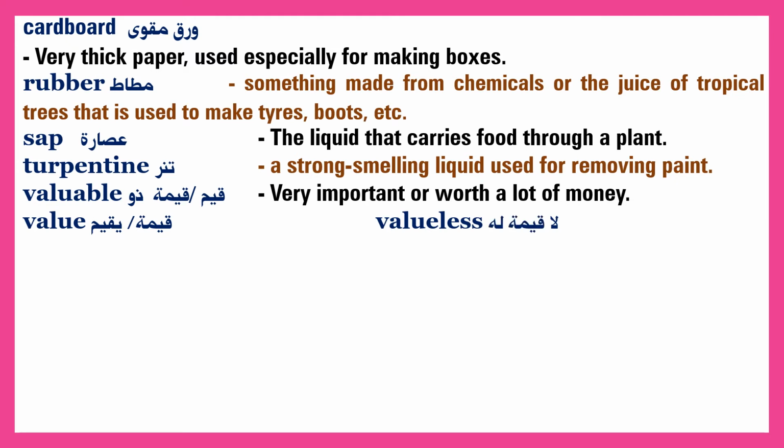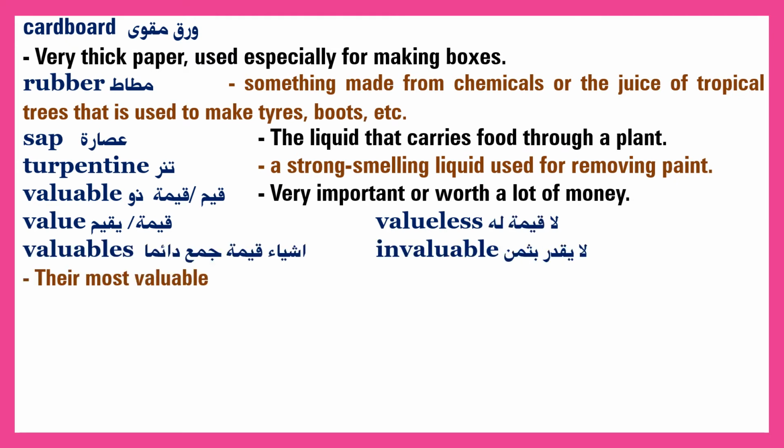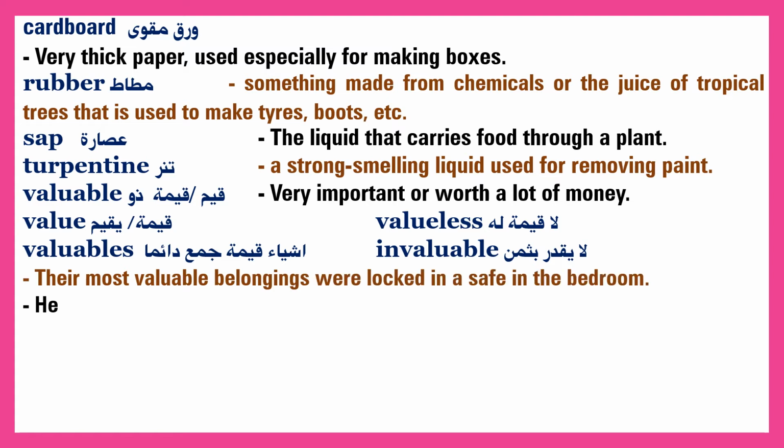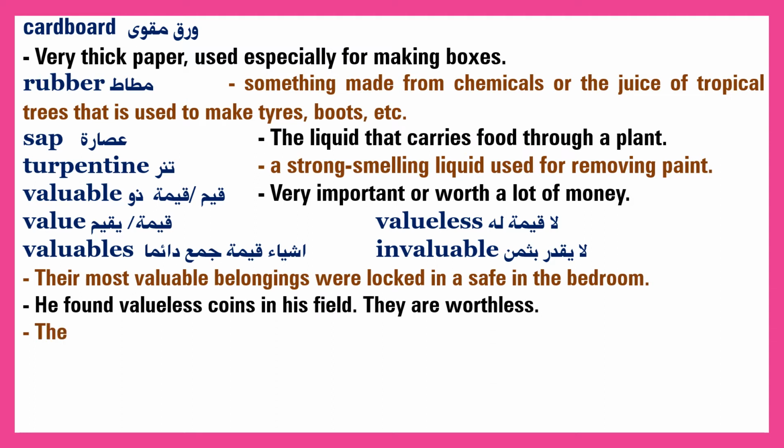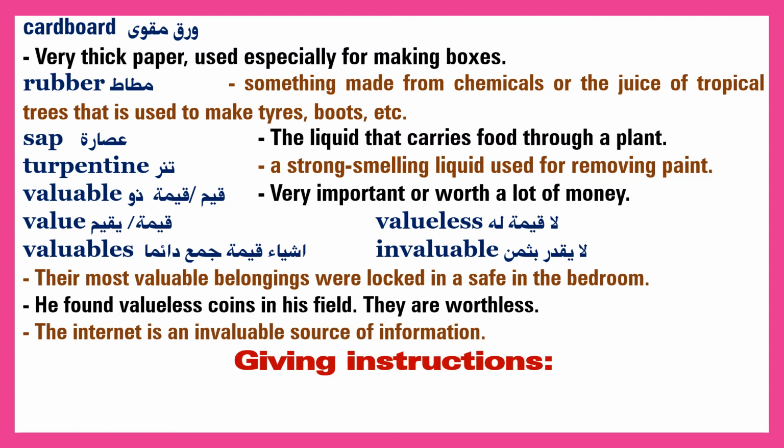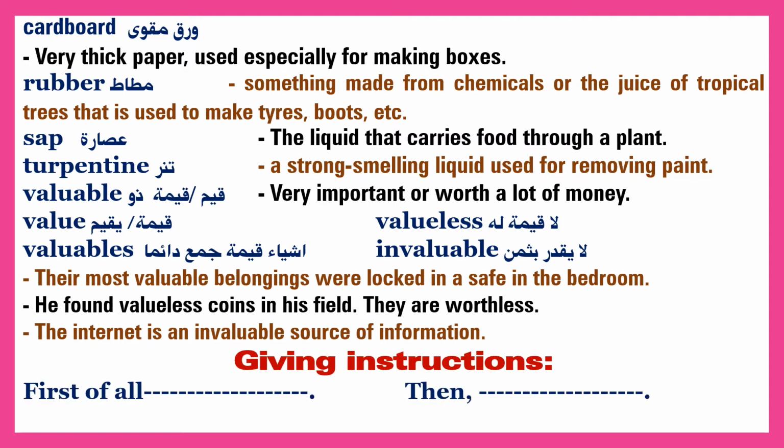Valuable: very important or worth a lot of money. Value, valueless, valuables, invaluable. Their most valuable belongings were locked in a safe in the bedroom. He found valueless coins in his field. They are worthless. The Internet is an invaluable source of information.